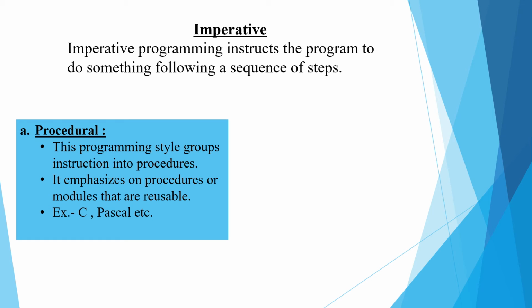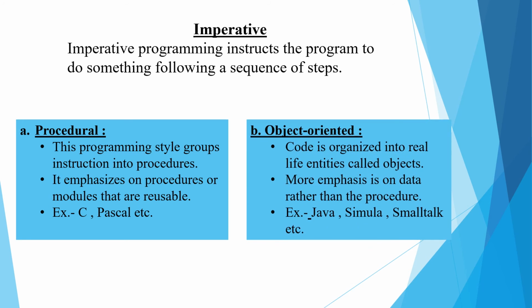and it emphasizes procedures or modules that are reusable. It means a particular block of instructions can be reused in a number of places, in one program or in different programs. Examples are C and Pascal. Now, the second type of imperative programming is object oriented.